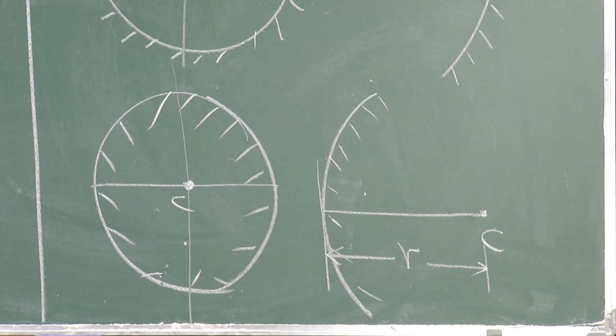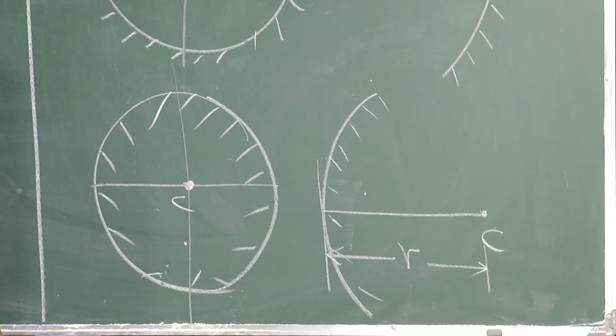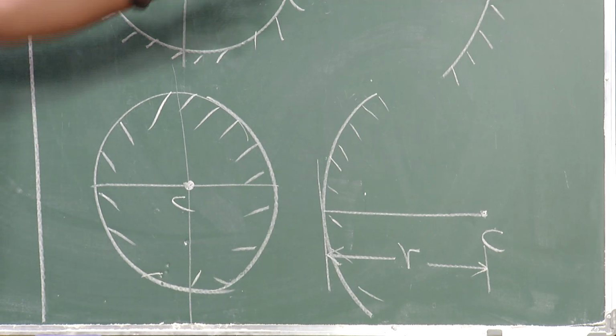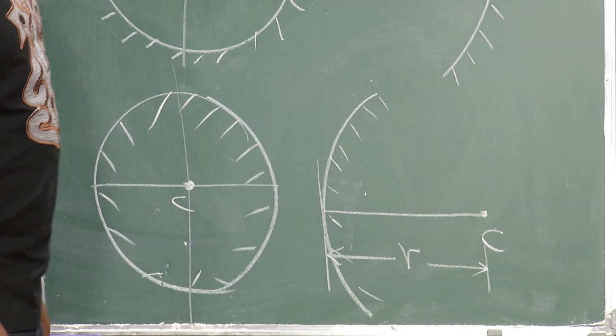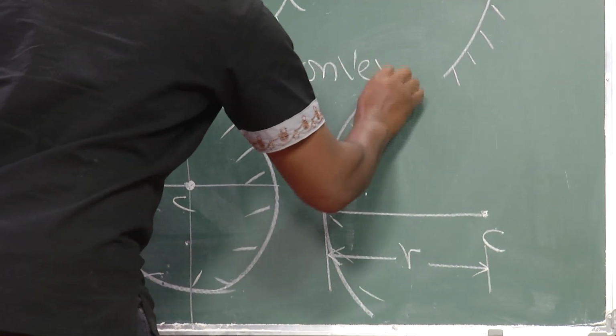What I want students to note is that most of the definitions here that we shall see will actually be hinged on the sphere, because we are saying curved mirrors, as you notice, they are curved. The concave mirror and this mirror is now going to be called the convex mirror.